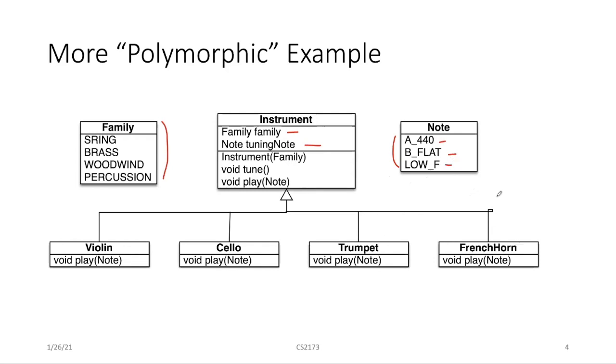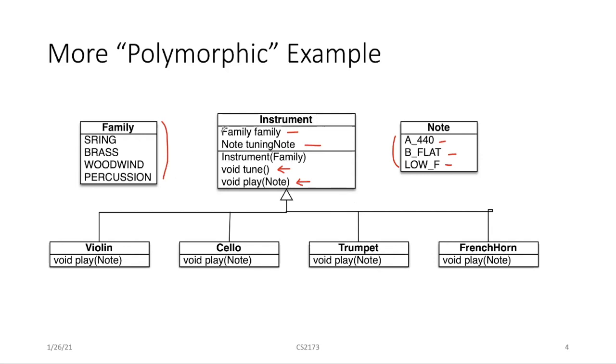A French horn actually tunes to a low F. Now, if you notice in this example, each of the subclasses has this play method, the same as in the book example, but there's an additional one that's only defined in the Instrument class called tune. To me, that illustrates the polymorphism idea a little more clearly.